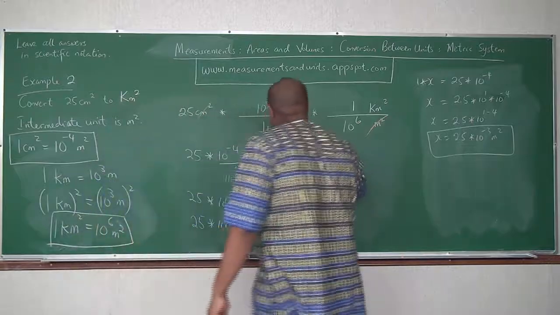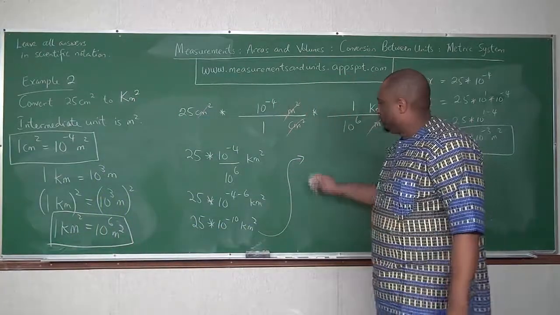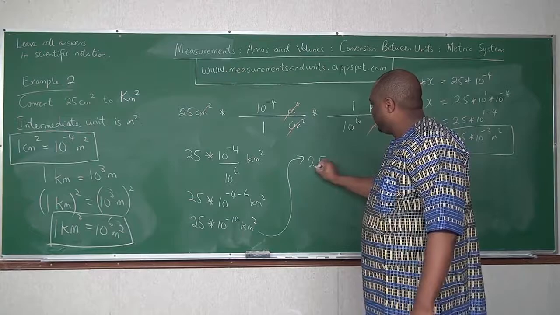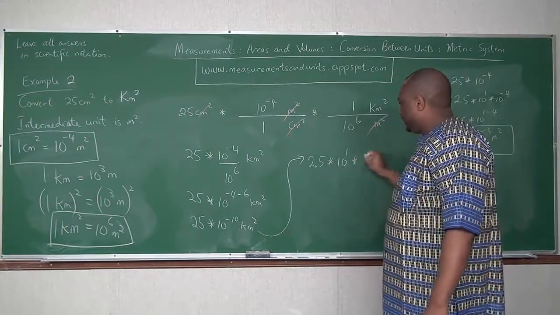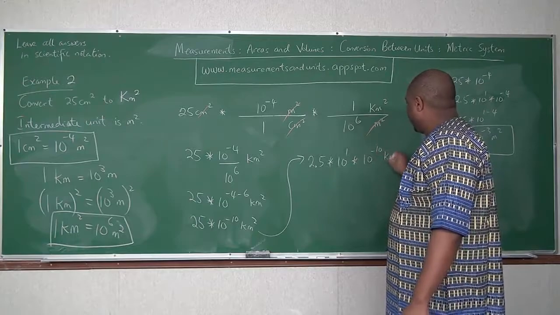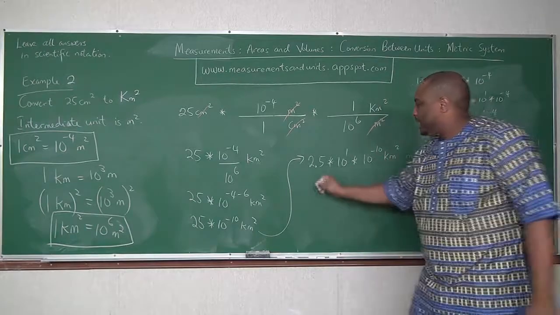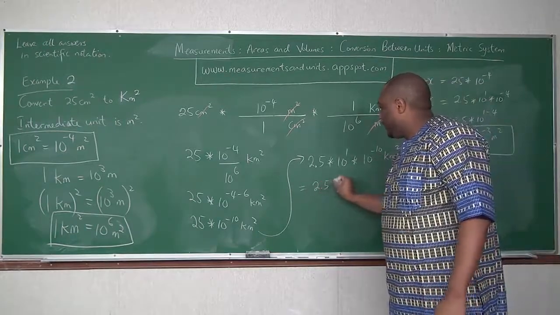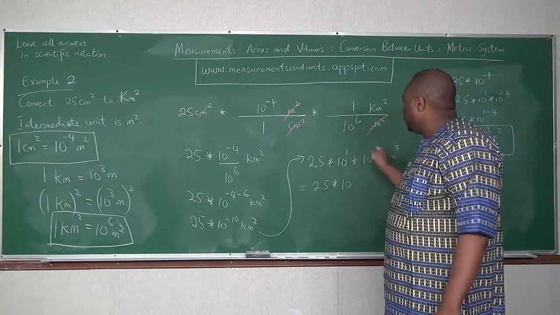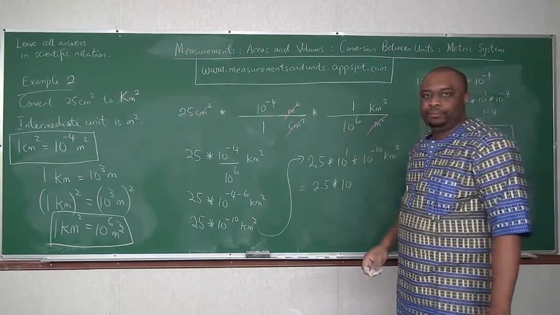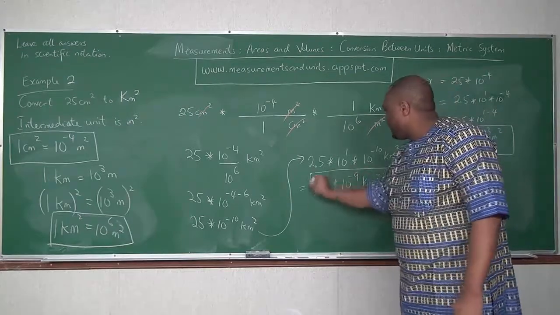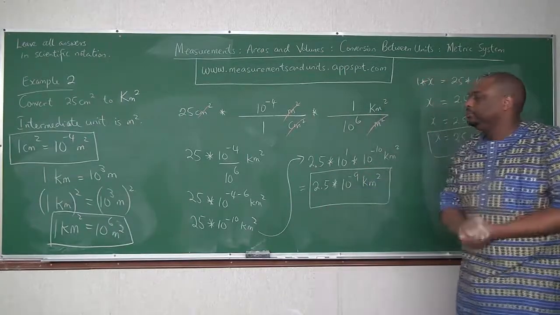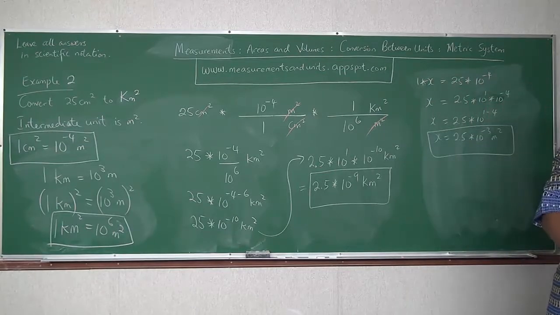Then you can finish it up: this will be 2.5 times 10 to the power 1 times 10 to negative 10 kilometers squared. That will give us 2.5 times 10 to 1 minus 10, which is minus 9, kilometers squared. That's your answer. That's it.